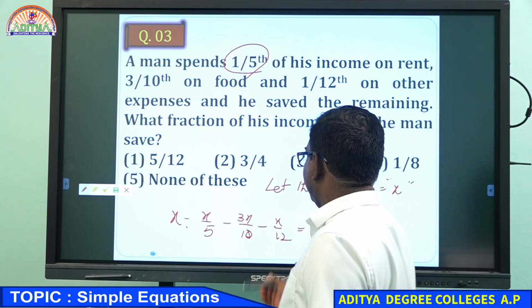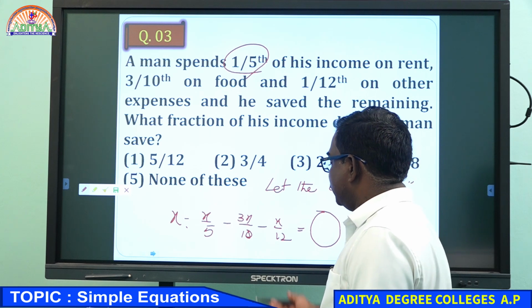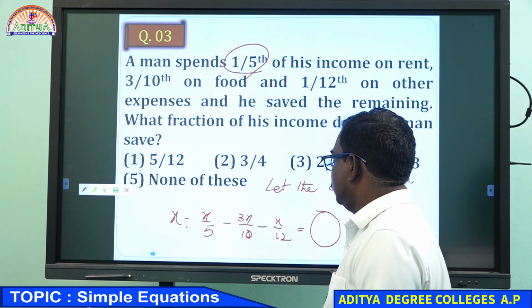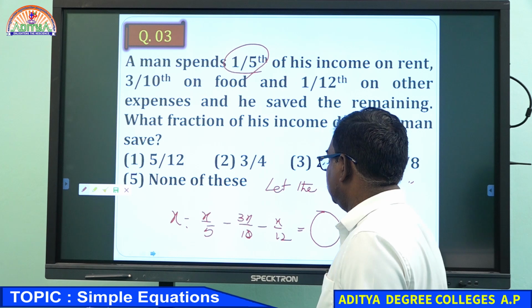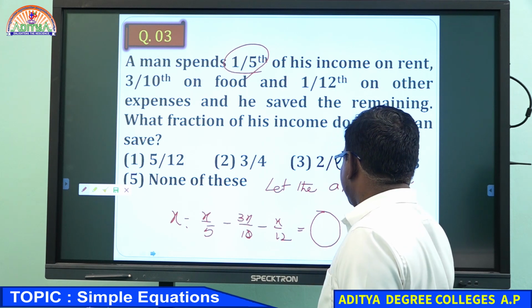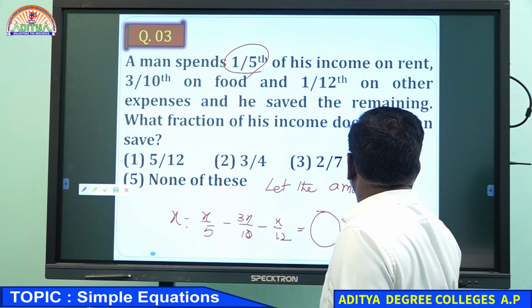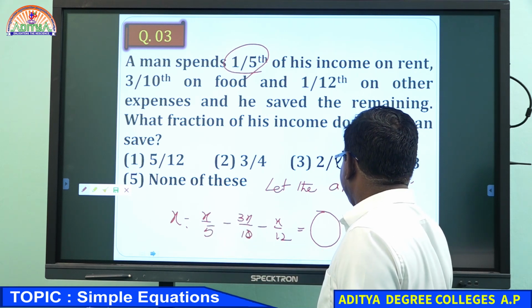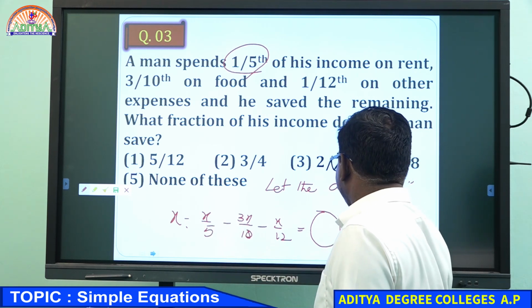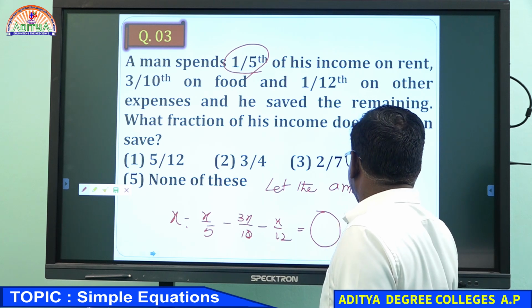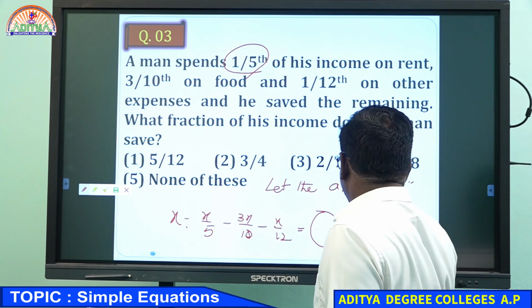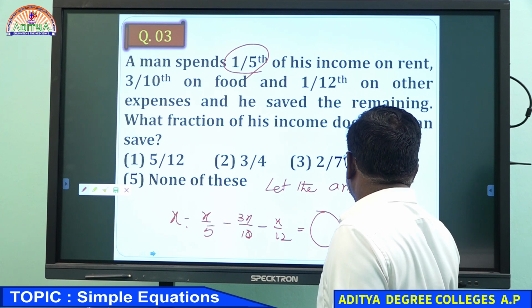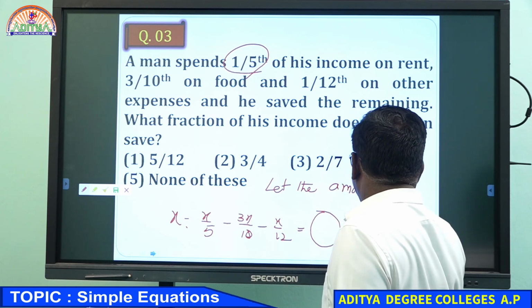What is the LCM here? The LCM of 5, 10 and 12 is 60, you can take 60. So here 60x will be there. 5 will go 12 times, 12x. 10 will go 6 times, 18x. Actually here 12 will go 5 times, 5x.